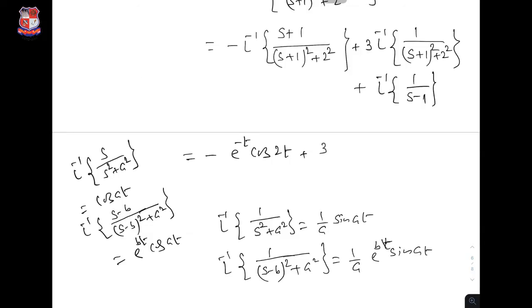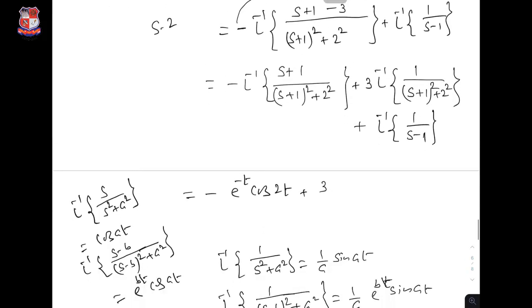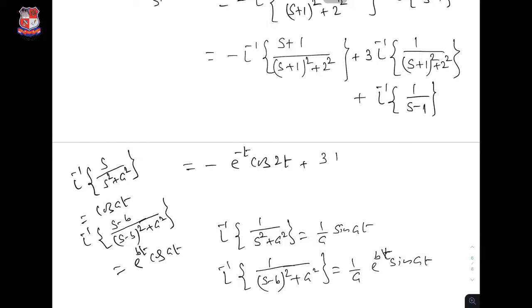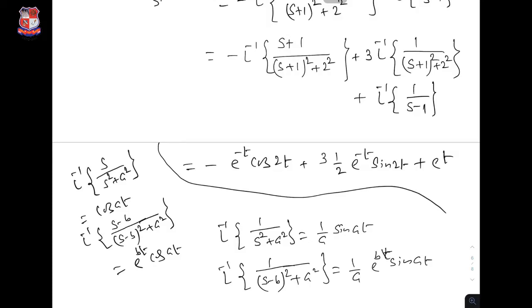Now here we are applying 3 times 1 over 2, so e to the power minus t sin 2t, and this is standard, e to the power t. So this is our answer. Thank you.